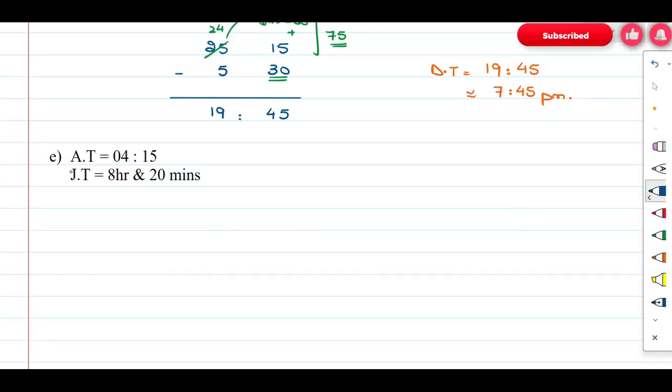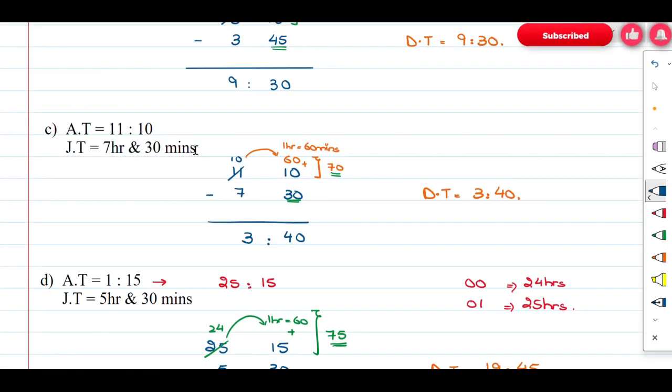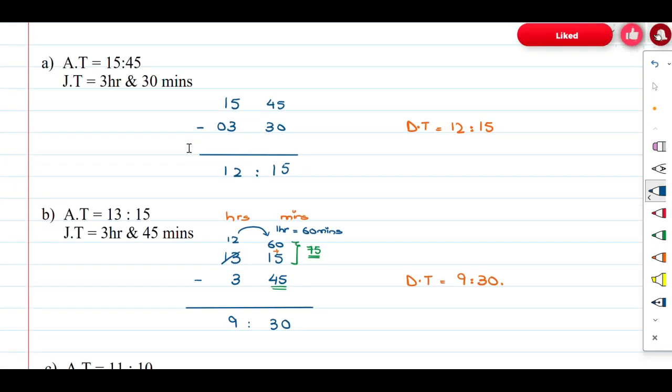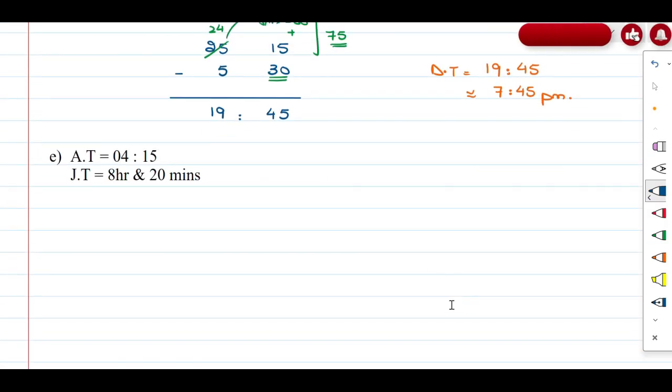All right. Now you can see the arrival time is 4:15. So what is 4:00?